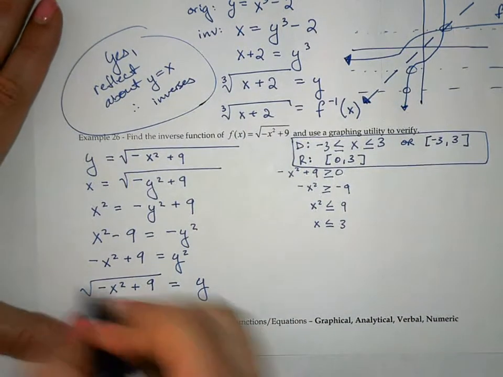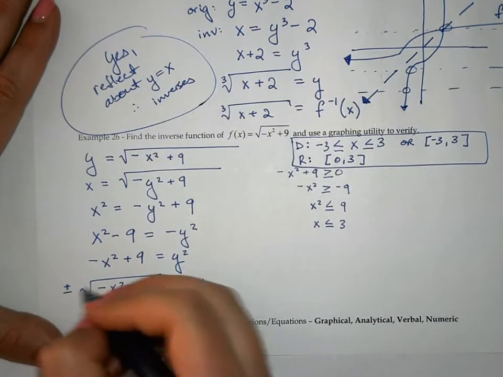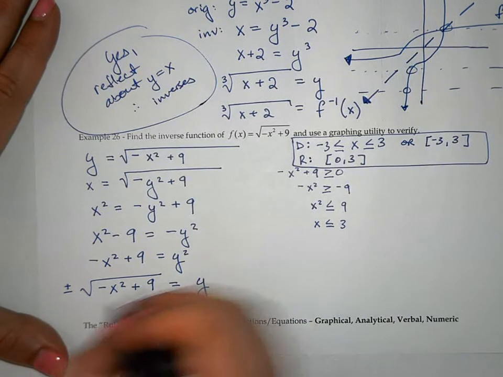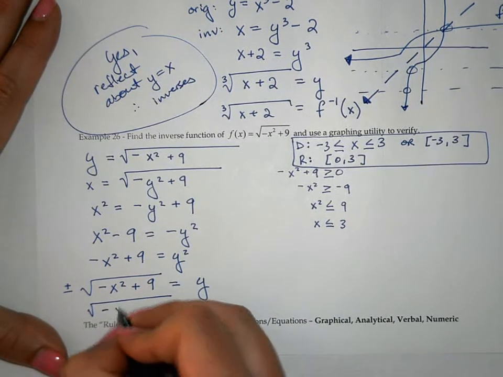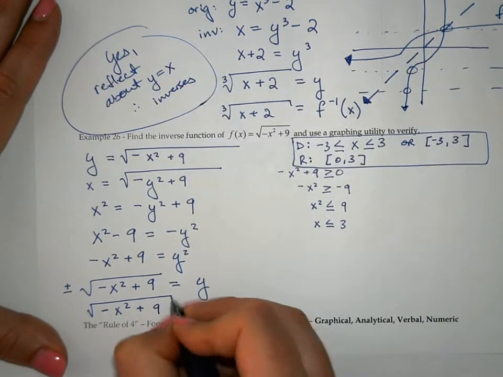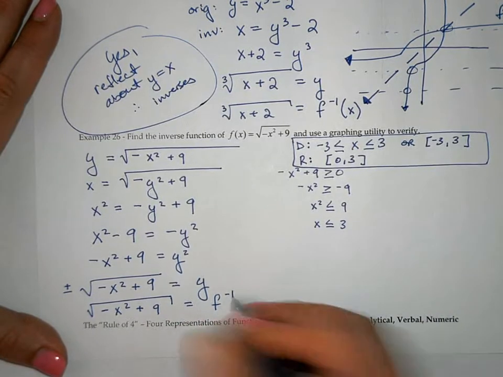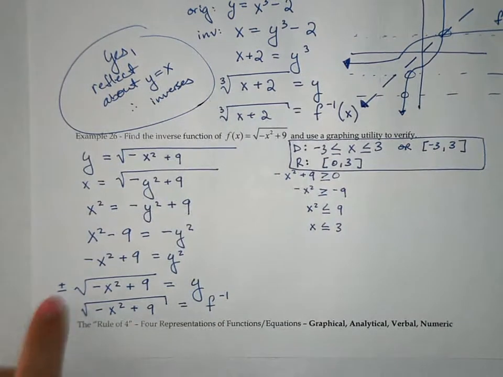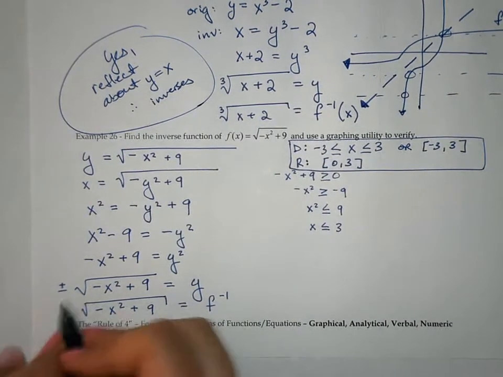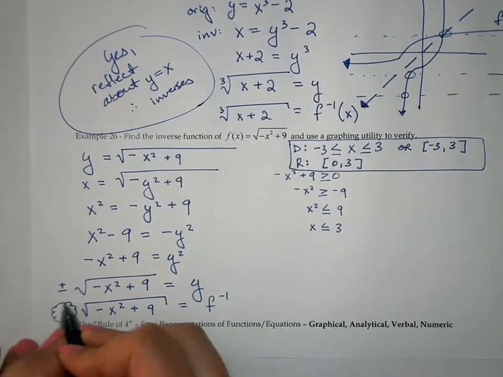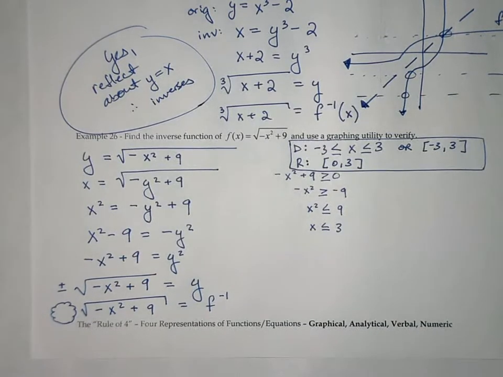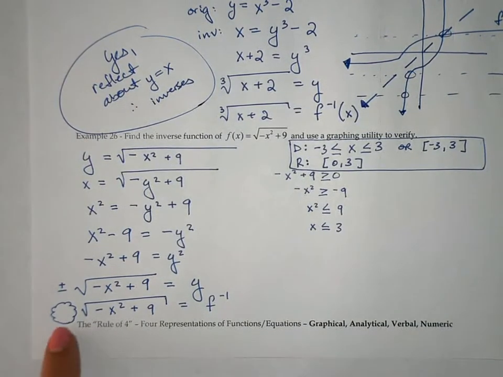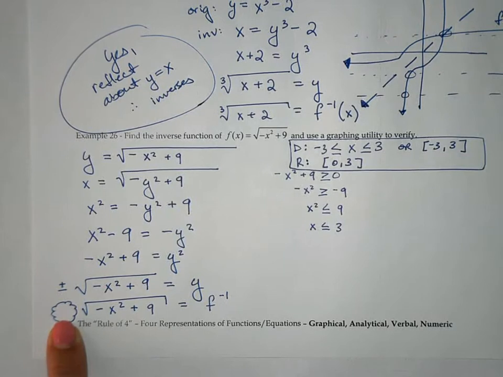Remember that when you take the square root of something, you have to add a plus minus in here. I don't know if it's a function quite yet, so I'm going to hold off on that. But when you take the square root, you have to add a plus minus. We actually want to go ahead and think about the graph of this first before I put a final answer in here.